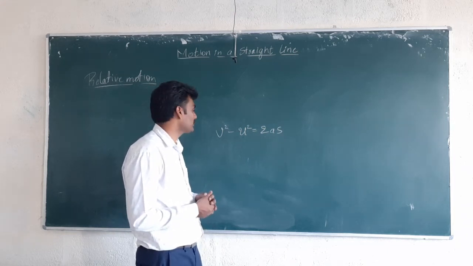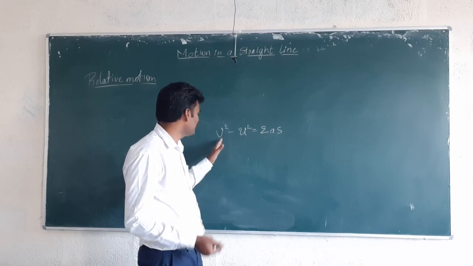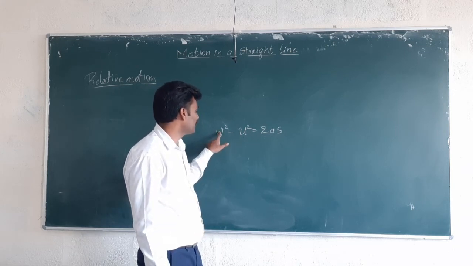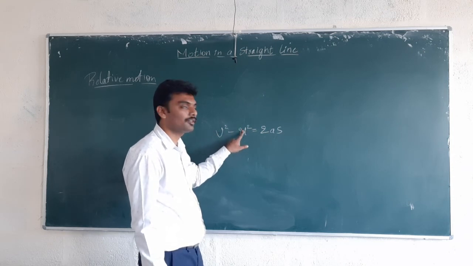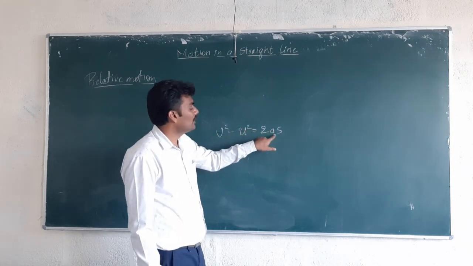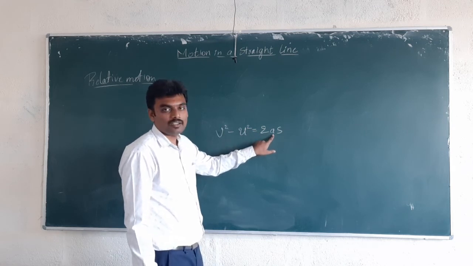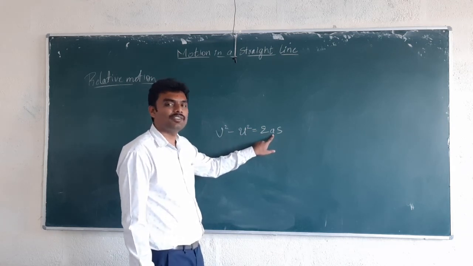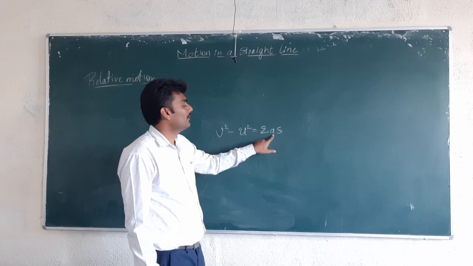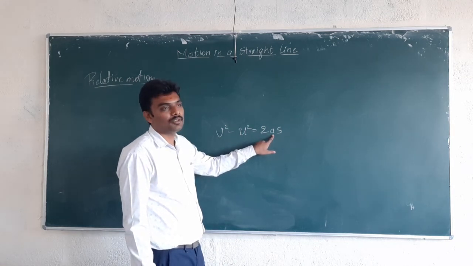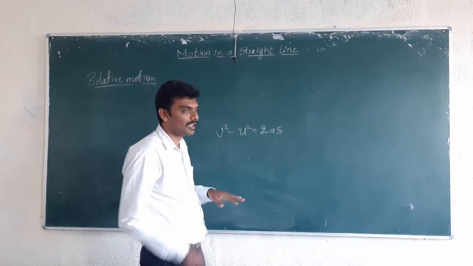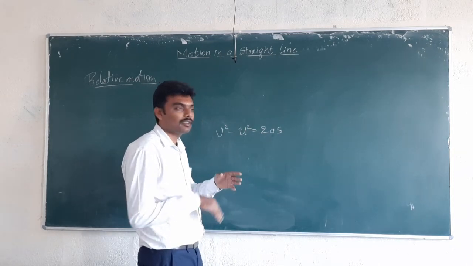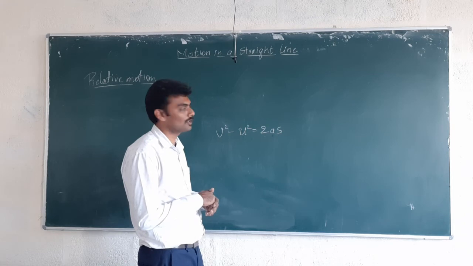So that's it, very easy. We have relative final velocity we can put here, relative initial velocity can be put here. A, relative acceleration, that is also easy to take, isn't it? If the first body A is moving with a certain acceleration, and the second body is moving with a certain other acceleration in the same direction, then it is the difference of those two accelerations.